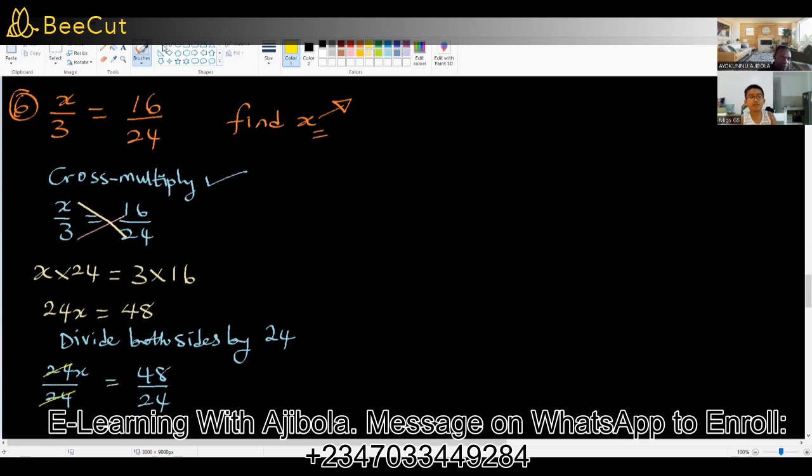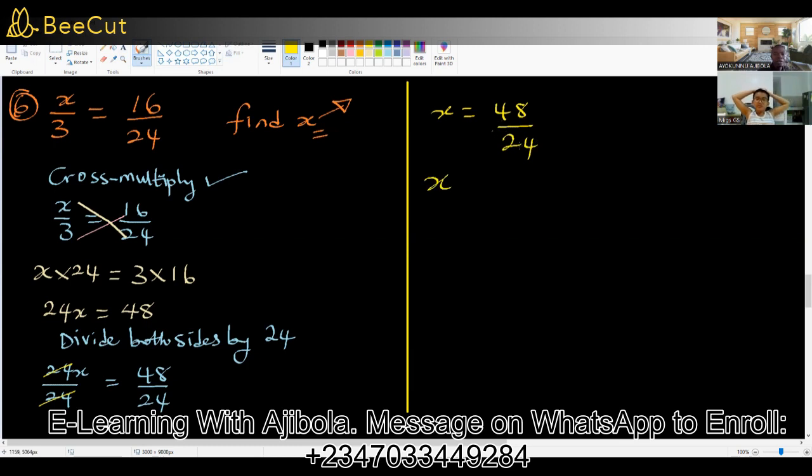So x equal to 48 over 24. How many 24s will I see in 48? 24 here, 1. 24 here, 2. So your answer is 2 over 1, which is 2.